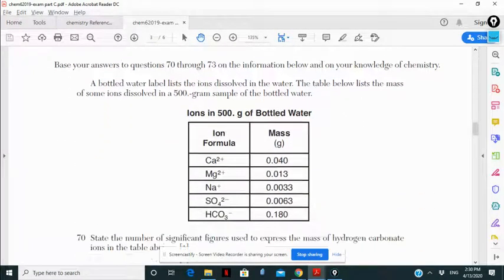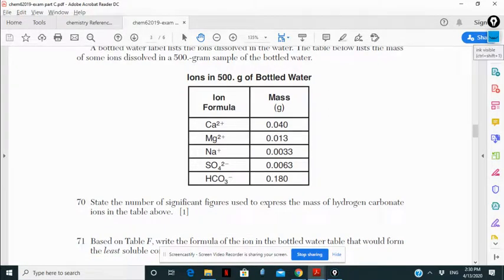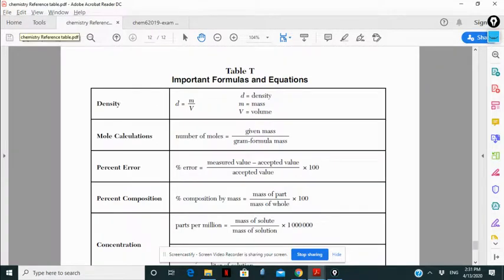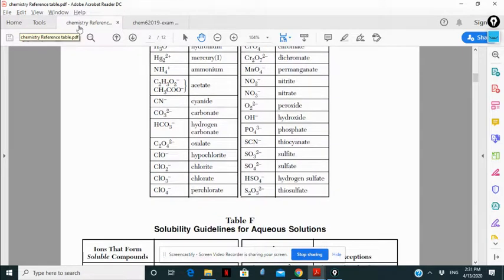Question number 70. State the significant number used to express the mass of hydrogen carbonate. Where is the hydrogen carbonate? Here is the hydrogen carbonate. If you don't know it, you can go to the polyatomic ions on page 2.